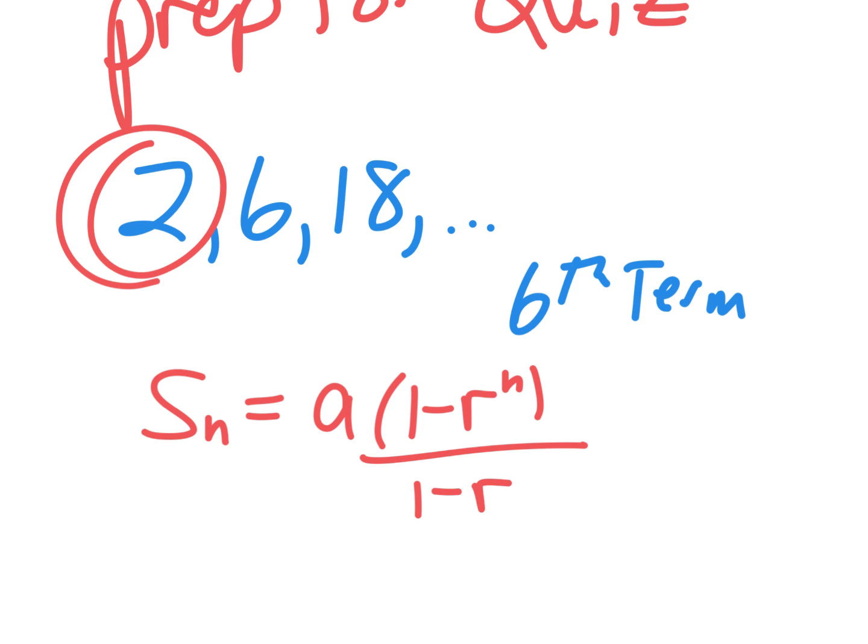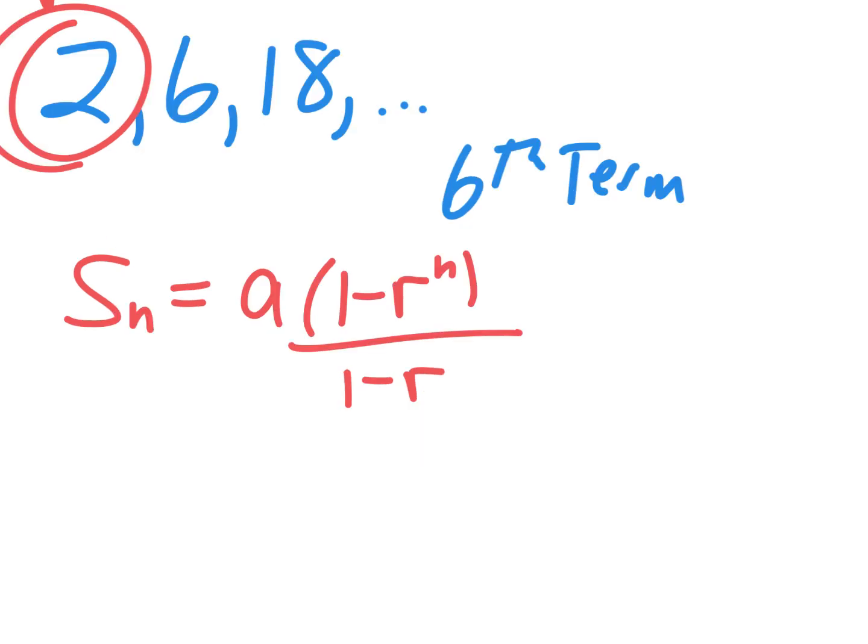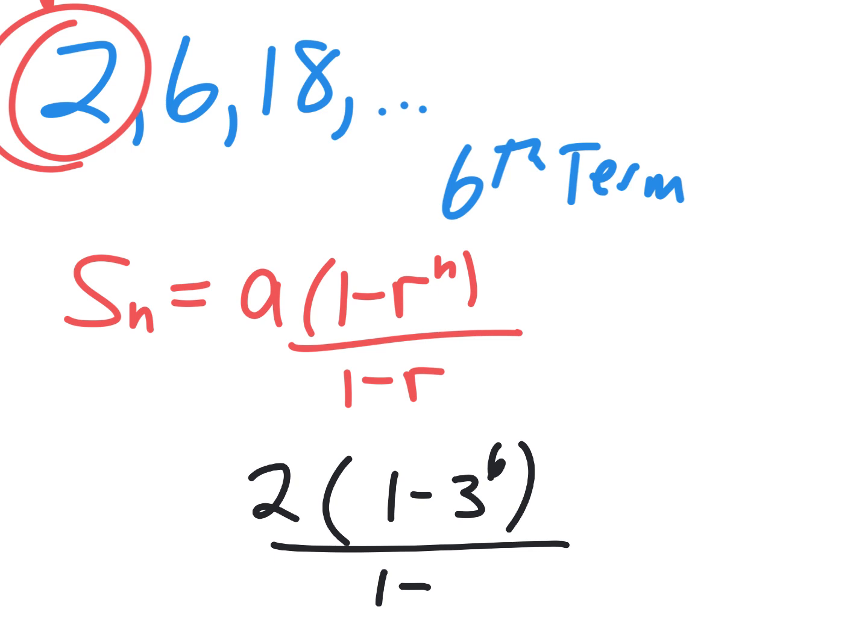And yes, you may leave the answer with like a 5 to the 3rd power in it or something like that. Pausing. So a in this case is 2, and then 1 minus r, which is 3, to the n, which is 6, all over 1 minus r, which was again 3.